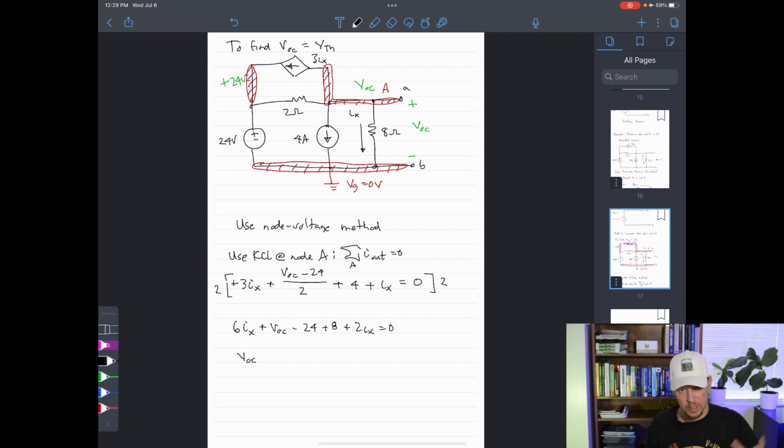Let's keep VOC as the first term. So here I have VOC. I have a total of 8 Ix's, one coming from that term, one coming from that one. If I add 8 and minus 24, that is minus 16. I can add that term to the opposite side at the expense of the minus sign, so this is plus 16. I'll call this equation 1.